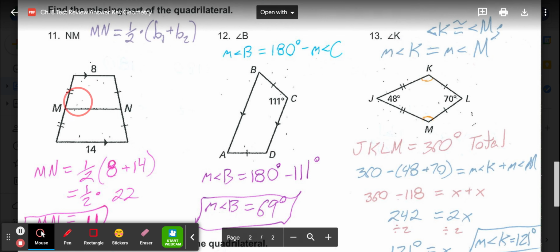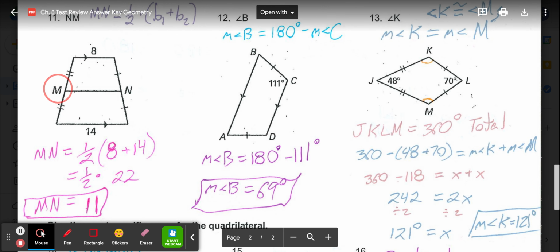So the mid-segment of a trapezoid is 1/2 multiplied by the 2 bases added together. So MN, this mid-segment, would be 1/2 of the 2 bases, 8 plus 14. So 8 plus 14 is 22. Half of 22 tells me MN is 11 units.